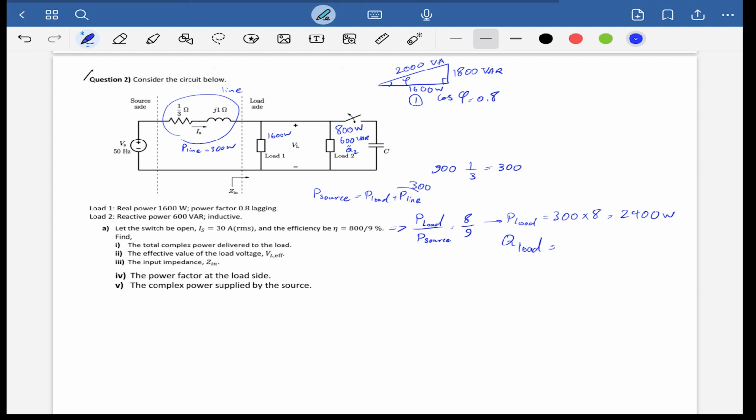I guess, let me see. It was 1000. Okay, I guess this is incorrect. Sorry about this. If this is 600, then let me check it with the calculator.